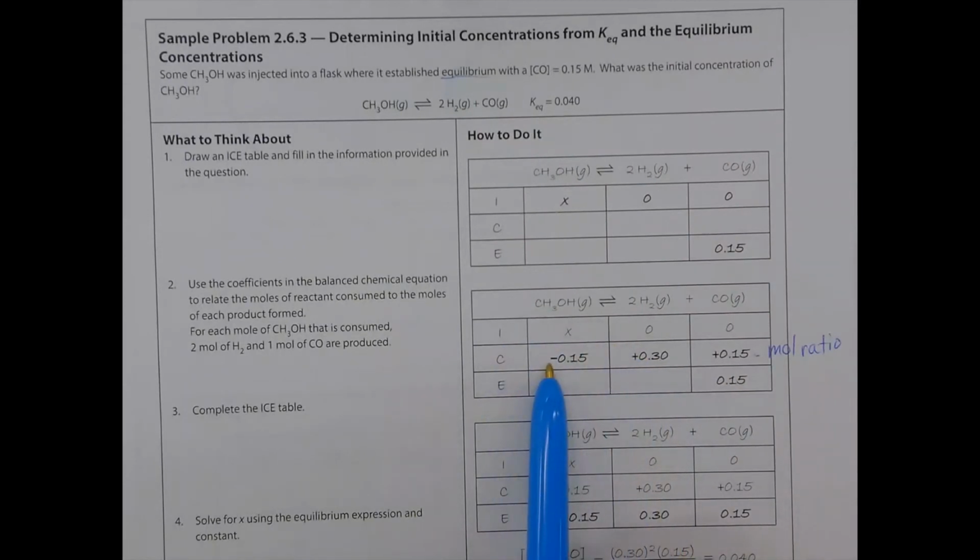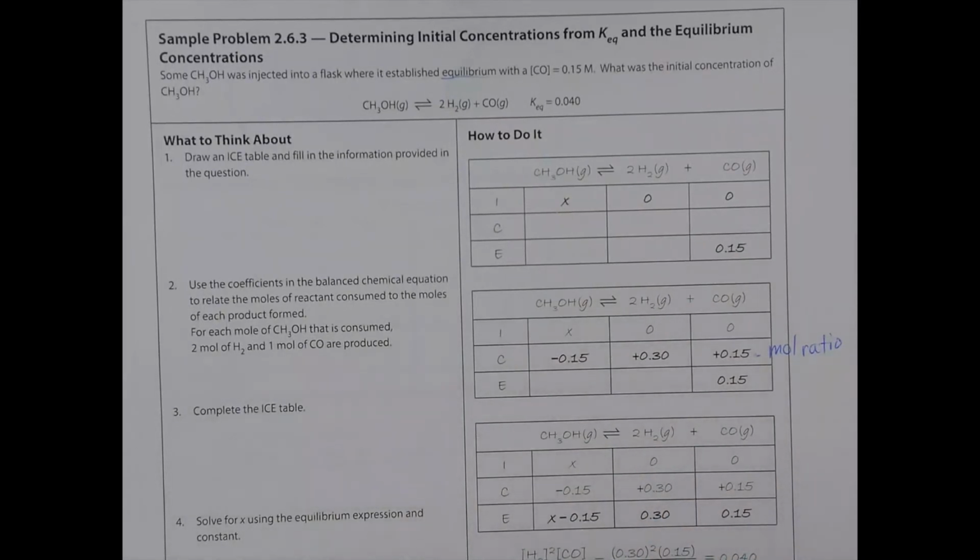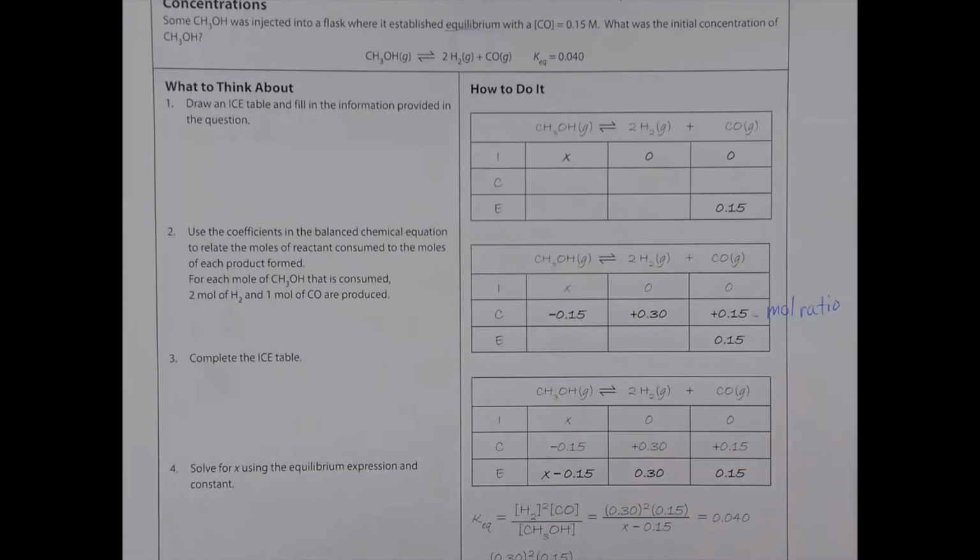The other side of our reaction would have to subtract because it's a reactant, and it's a 1-to-1 ratio, so it would have the same amount, 0.15. From there, we can solve for equilibrium amounts. X minus 0.15 is our equilibrium there. We're adding 0.3 here, and we've got our 0.15, it's already there for us.